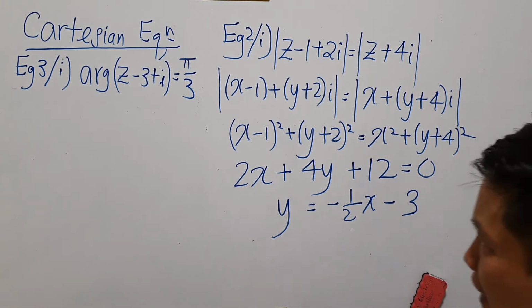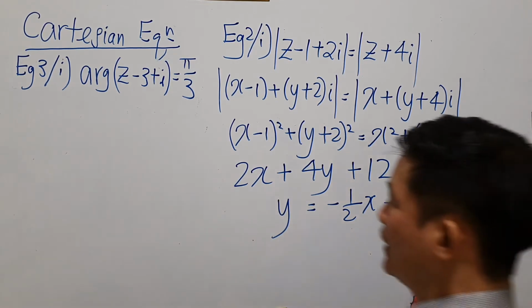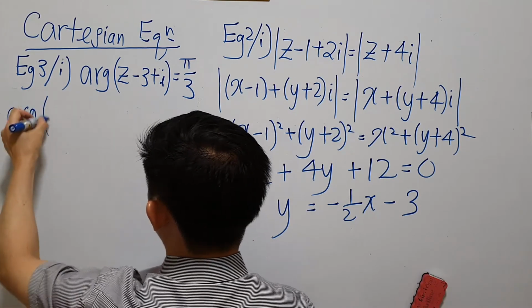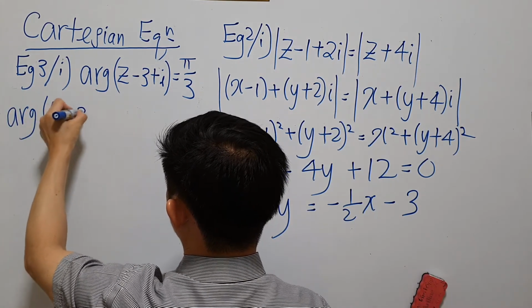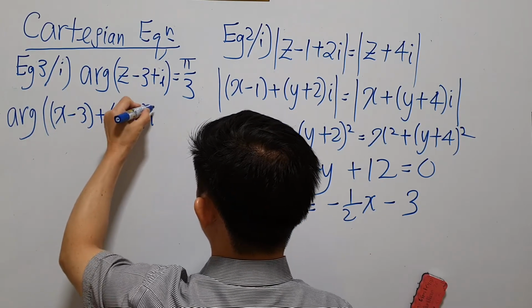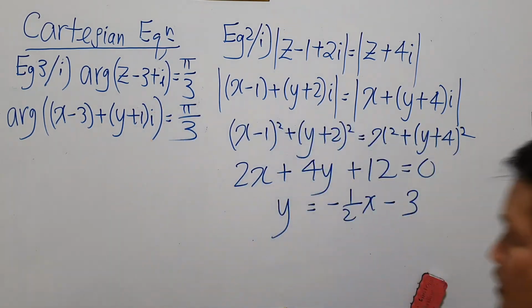Remember? This is a half line starting from 3 minus i, and it makes an angle of pi over 3 with the positive real axis. So to convert into Cartesian equation, I am going to do the same thing. I am going to replace the z as x plus iy. Right, so I have simply rewritten the z as x plus iy.